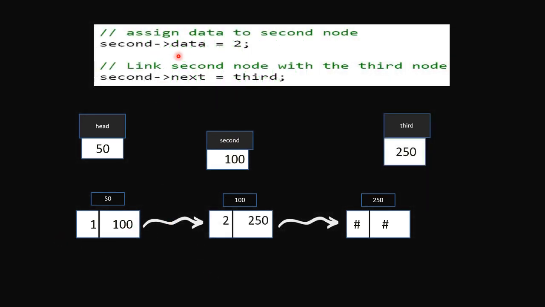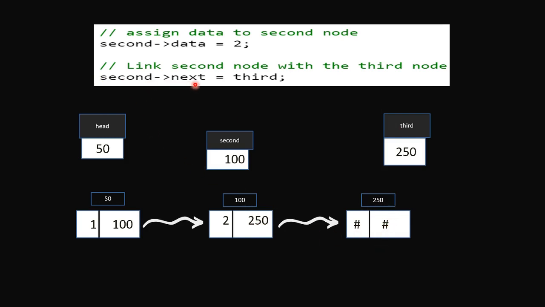Similarly, we assign data to the second node, that means we want to put data inside the second node. So second arrow data equals 2, so 2 will be filled here, and we want to link the second node with the third node. We want to update the next value as the address of the third node.